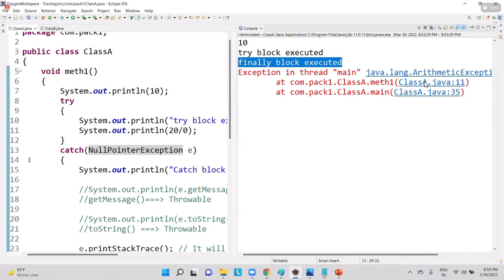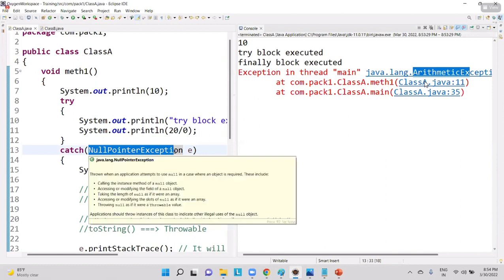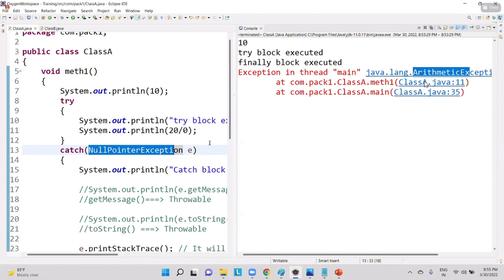Which exception occurred in our program? Arithmetic exception. Which exception are you trying to handle? Null pointer exception. Both exceptions are different. So that is the reason the exception is not handled.